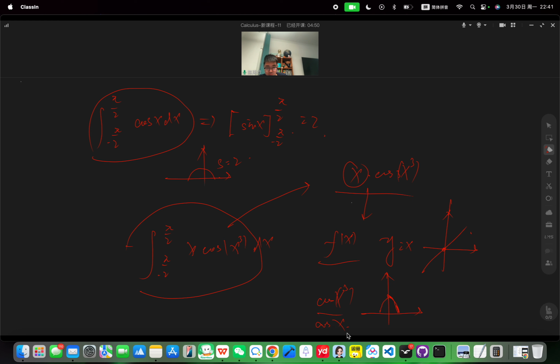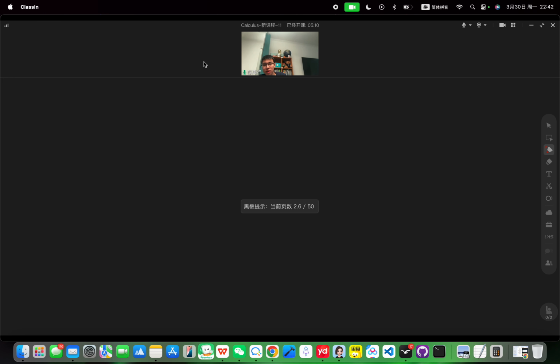So we know that an odd function times an even function gives an odd function. By this rule, f(x) equals x times cosine x cubed is an odd function.